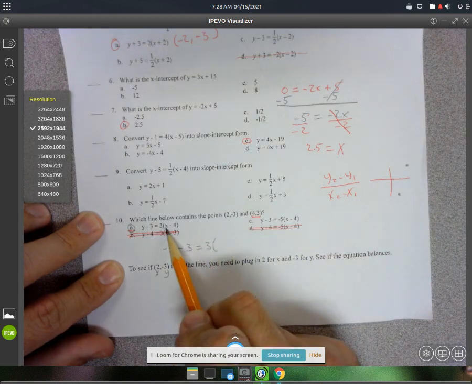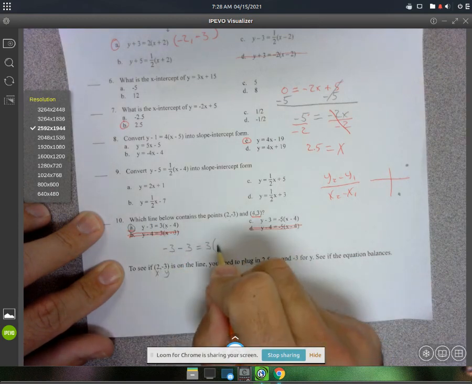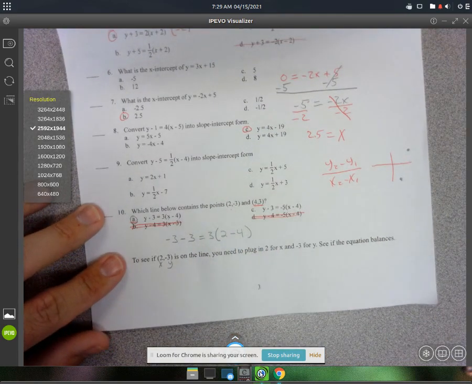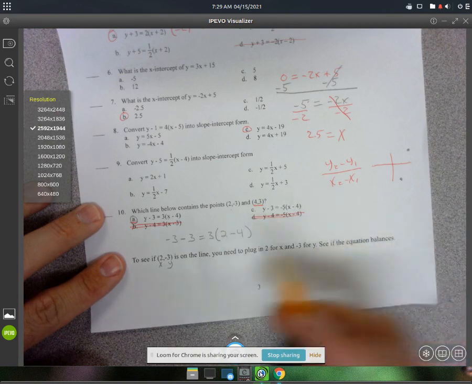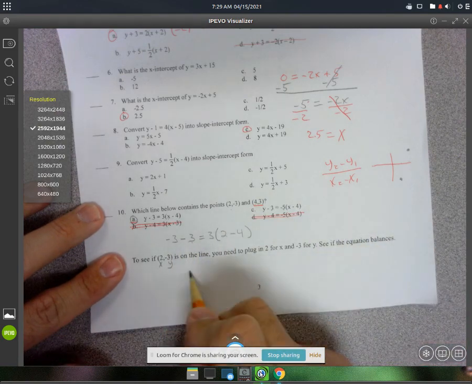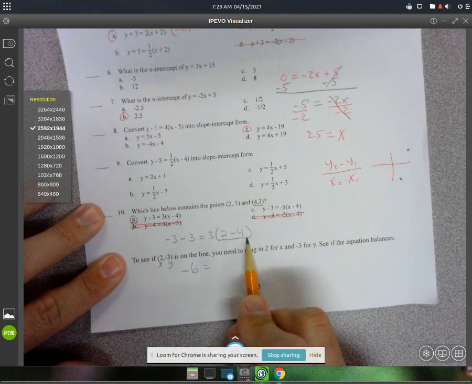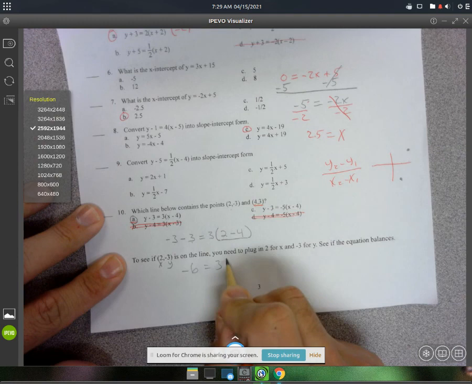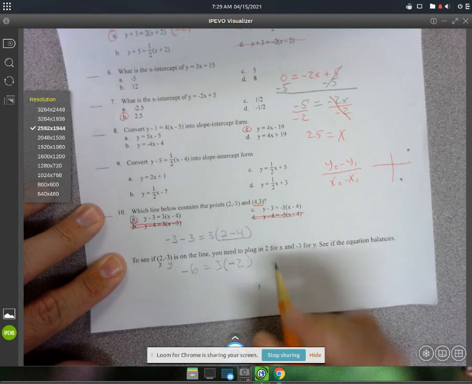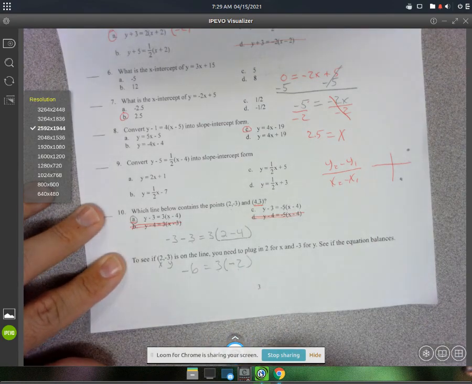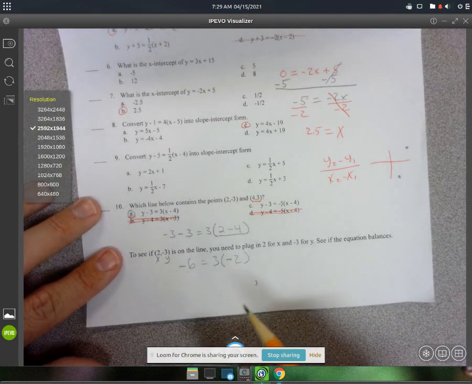And then for the x, I'm going to plug in a 2. 2 minus 4. All right, work this out and see if it actually balances. Negative 3 minus 3, that's negative 6. 2 minus 4, that's equal to negative 2. So I get 3 times negative 2. And this does balance. 3 times negative 2 is equal to negative 6. All right, so it causes the equation to work.